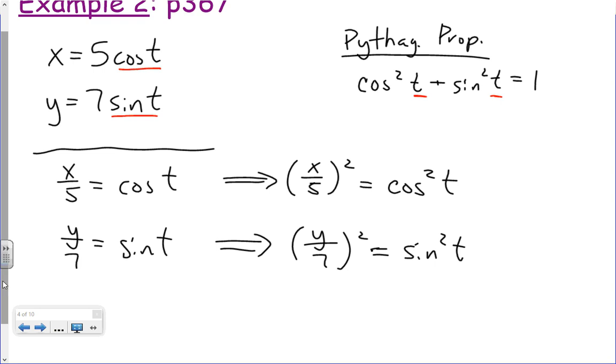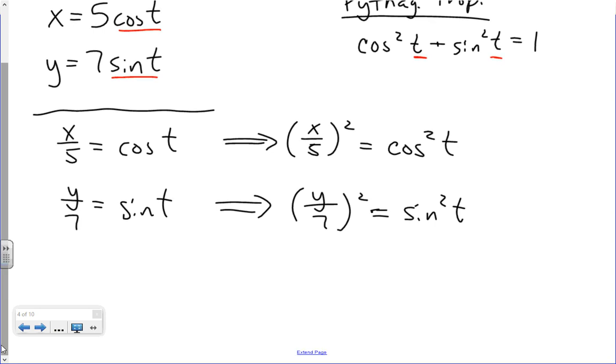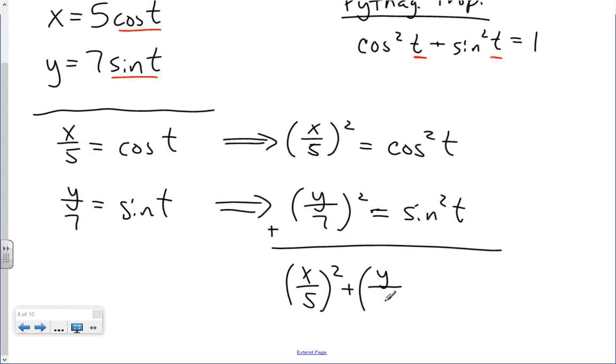And now what I can do is add these two equations together. If I add these equations together, notice what we end up with. On the left side, I'll have x over 5 squared plus y over 7 squared.